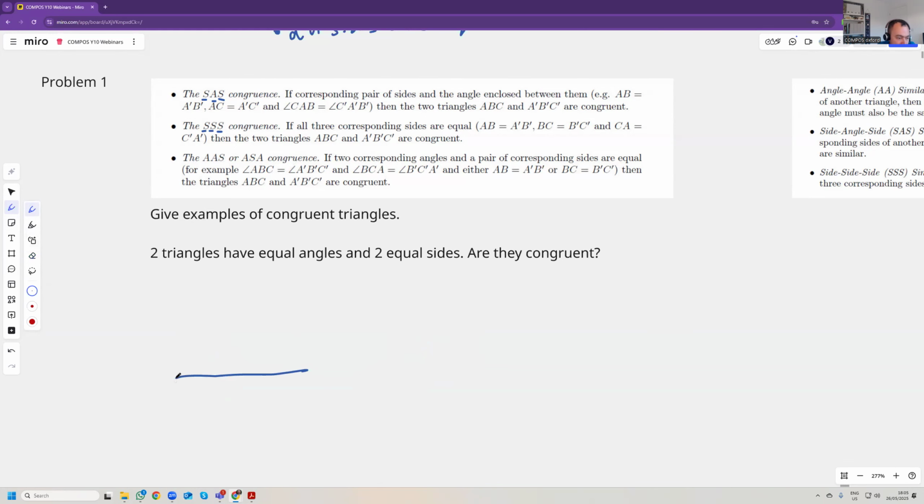So for example, you have one triangle, another triangle. This angle is equal to this angle. This angle is equal to this angle. And let's say the side here is the same. So that's angle, side, angle congruence.